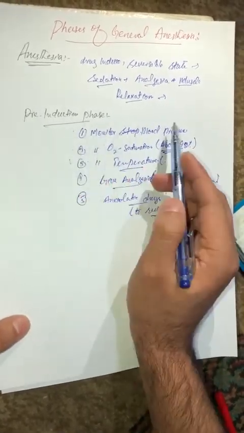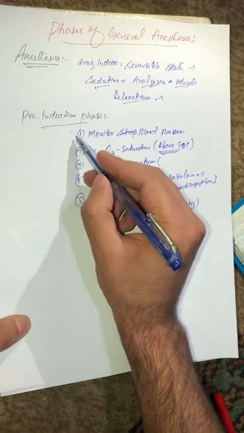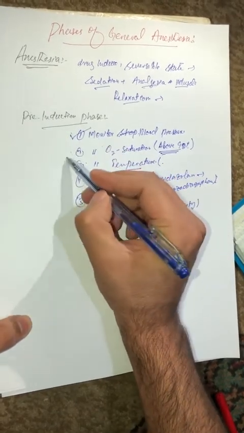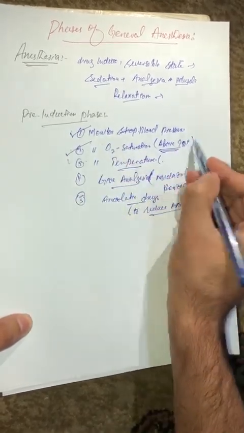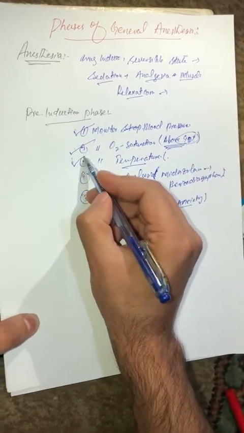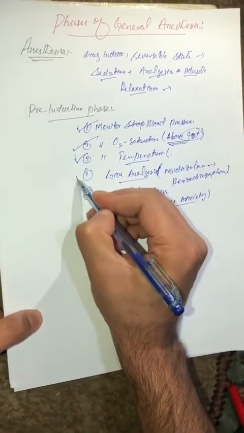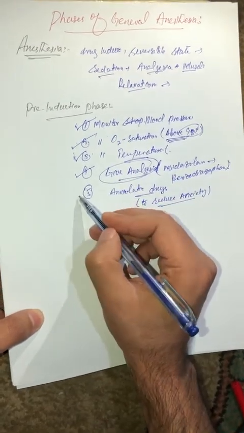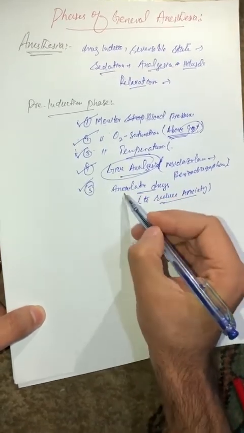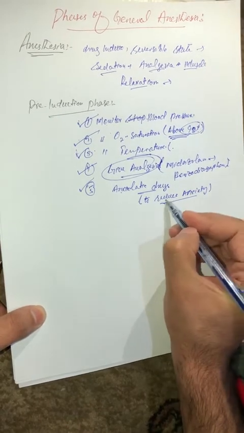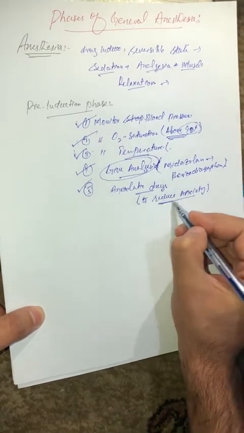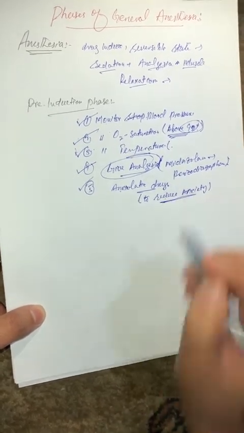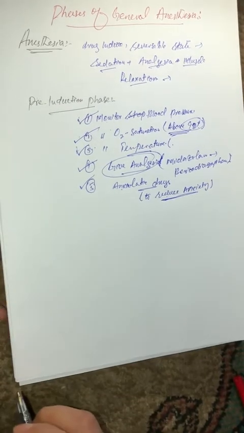So in the pre-induction phase, you will monitor the blood pressure, oxygen saturation above 92%, the temperature, give analgesia because its action takes a lot of time to start, and anxiolytic drugs to reduce the anxiety and to prevent post-operative anxiety complications.